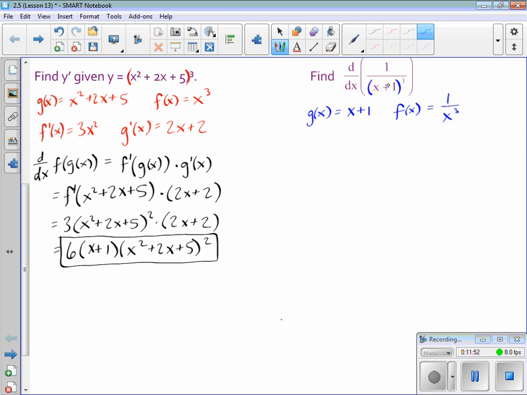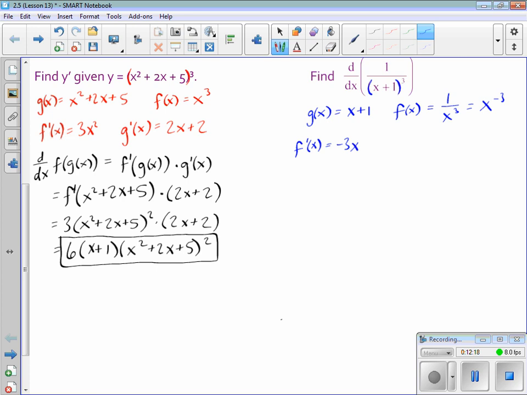So now let's go ahead and find our f prime and our g prime. How can I rewrite f of x so it's easier to take the derivative? X to the negative third. That's a little easier to take the derivative of. So what's the derivative?